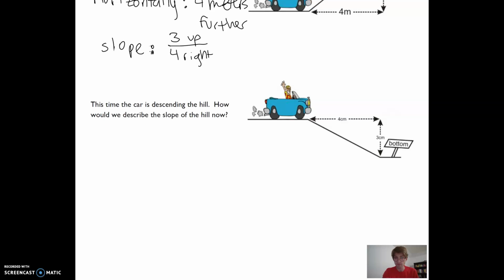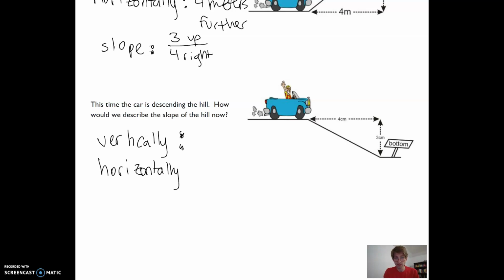For the first one, 3 up and 4 right. Taking a look at the bottom one, we're still going to be talking about change vertically and change horizontally. How is the car changing as it drives down the hill?